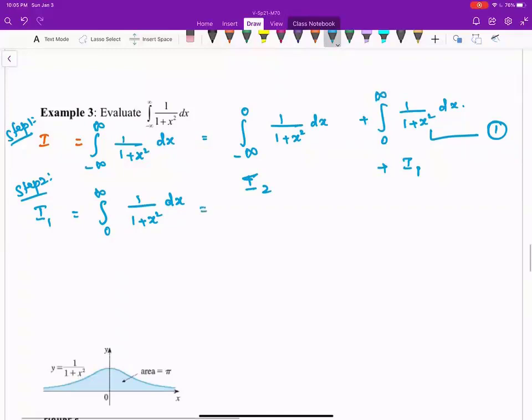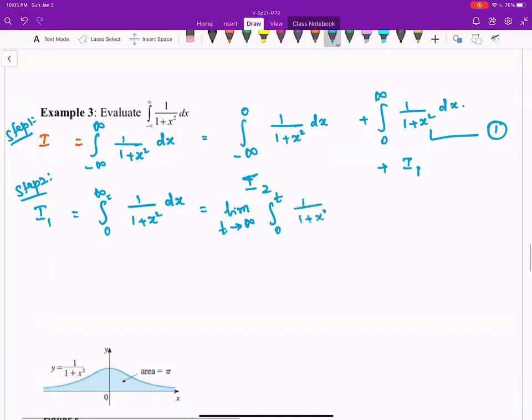So this is equal to the limit as t approaches positive infinity of the integral from 0 through t. Anytime you see either the lower limit or upper limit as infinity, you have to change that to t, then allow t to approach infinity or negative infinity, whatever the case may be. In this case, positive infinity.